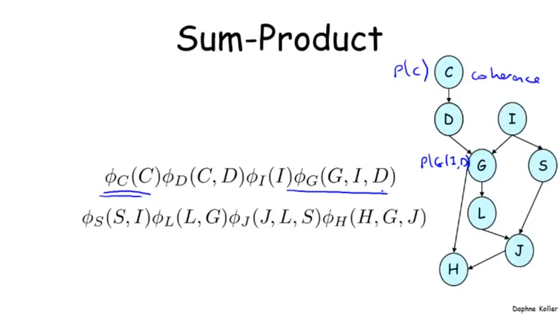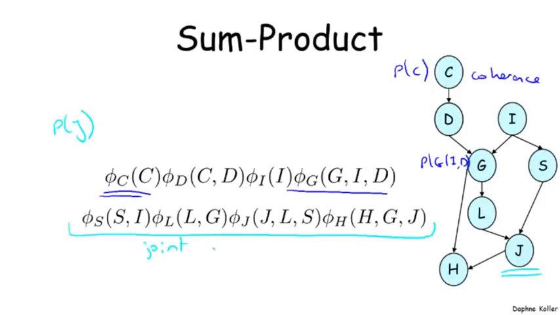So now let's assume that our goal is to compute the probability of the variable J, and so we'd like to compute P of J. And what we see here is the joint distribution, which we have defined using the chain rule for Bayesian networks.